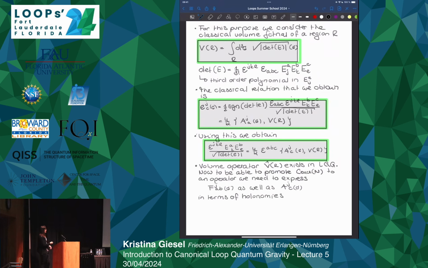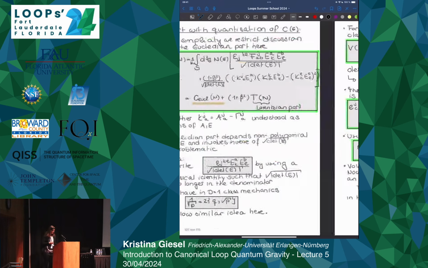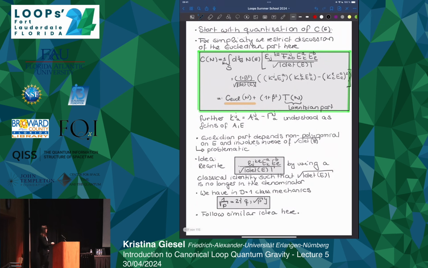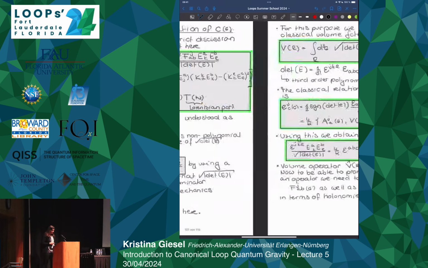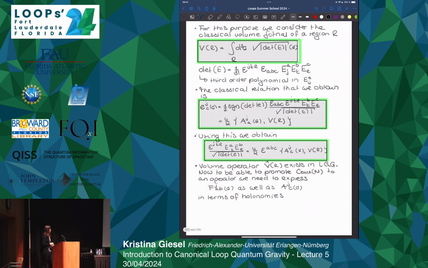So now this fraction, let's go back, does not only include the densitized triad and the inverse square root of the determinant of E factor, it also includes the F. So therefore, we have two more things to do. First, we have to approximate F in terms of holonomies.